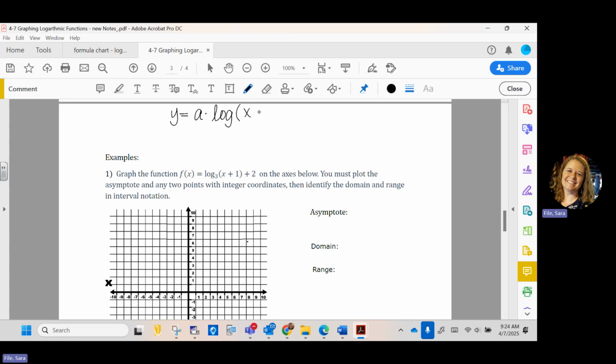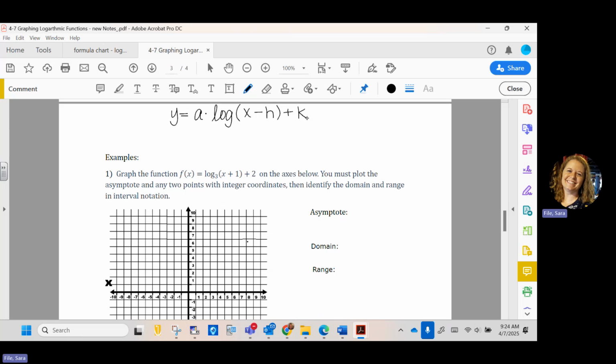Then you have your minus h, that determines your horizontal shift, and plus k, that determines your vertical shift. Y'all remember a, h, and k? Okay, we've worked with those in every function we've dealt with. So we have a, h, and k, that's where they fall in a log function.